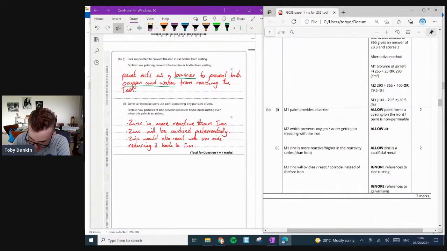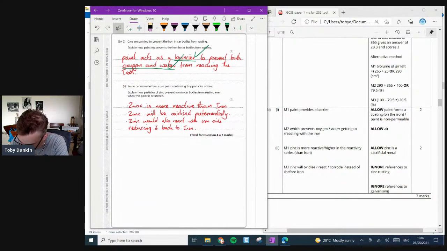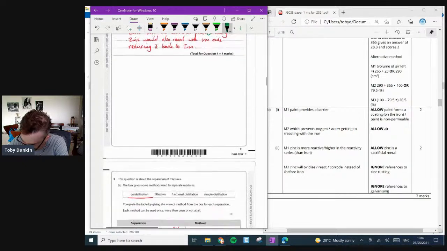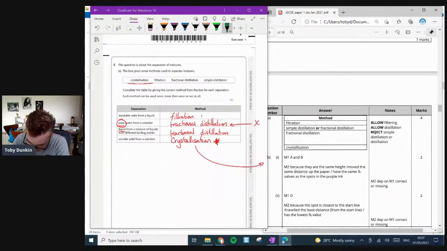Paint provides a barrier, prevents oxygen and water getting to the iron. Told you. Zinc is more reactive than iron. It's more reactive. Zinc will oxidize instead of, before iron, preferentially. It's fine. Crystallize it, filtration.